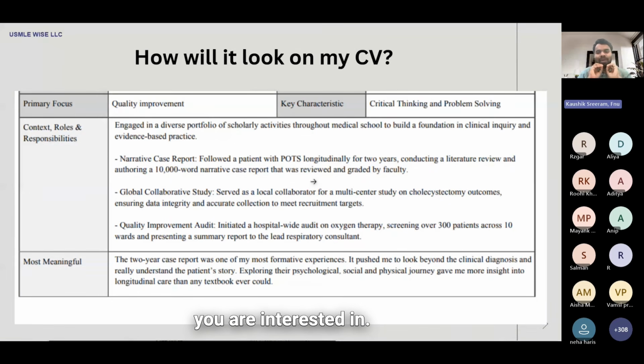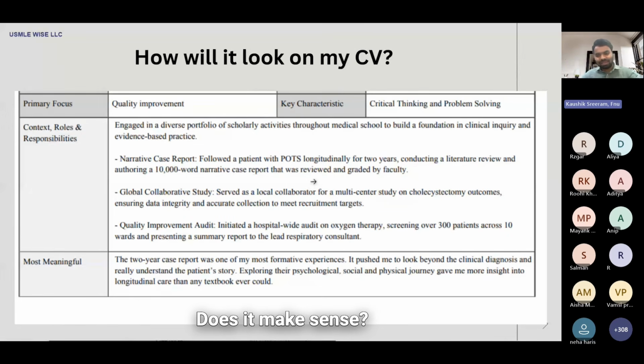Find something that you are interested in, number one. Once you know that you are interested in it, then you work on it and show them that you are going to constantly work on it. That will give you significant dividends. It will be much easier to work and show that you are genuinely interested in research, right?